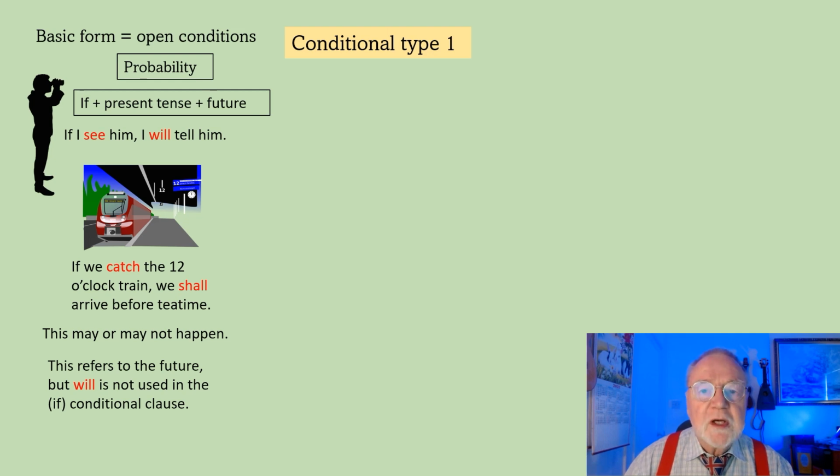Some languages do, and I think students translate that directly into English, which is why we end up with the mistake of will in the if clause. We would understand you if you use that, but the problem is it does sound rather strange to a native English speaker.